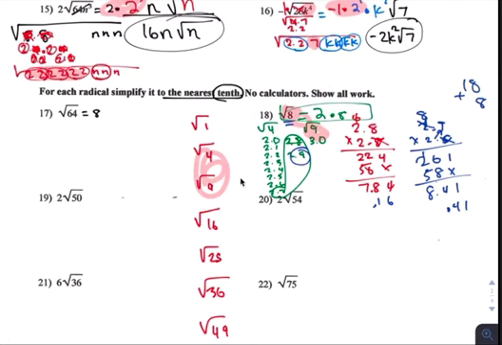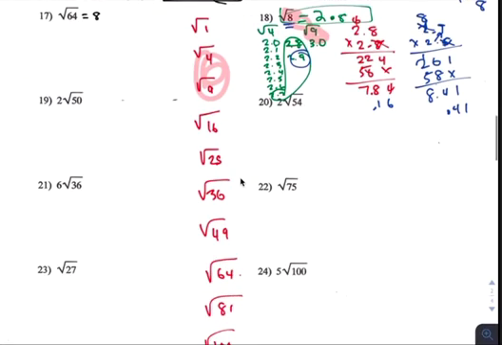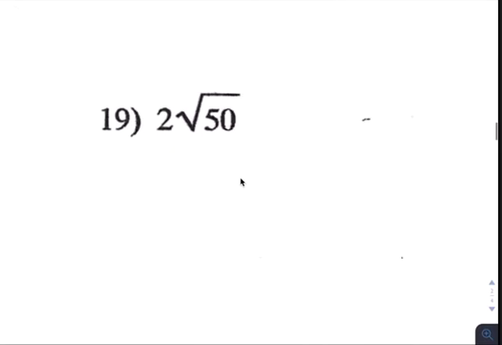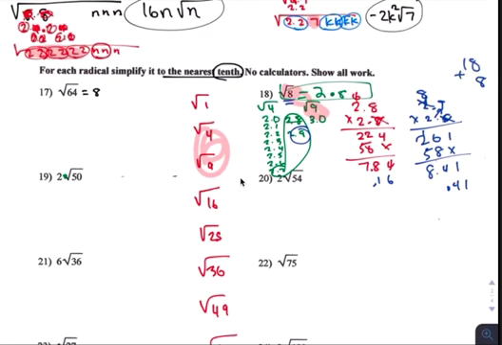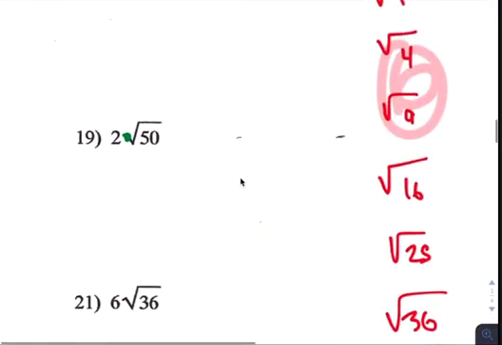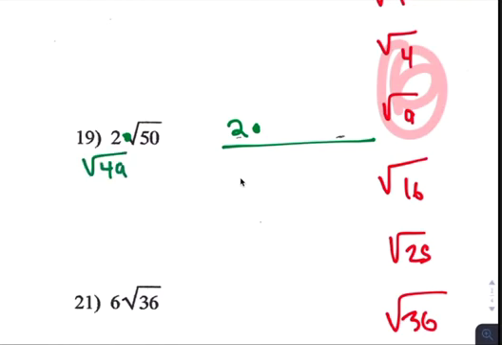Next one. Okay, these ones. This is 2 times whatever the square root of 50 is. Square root of 50 is between 49 and 64. So it's 7.0 and 8.0. Well, it's definitely closer to this.